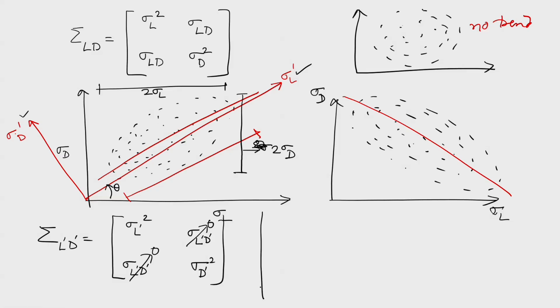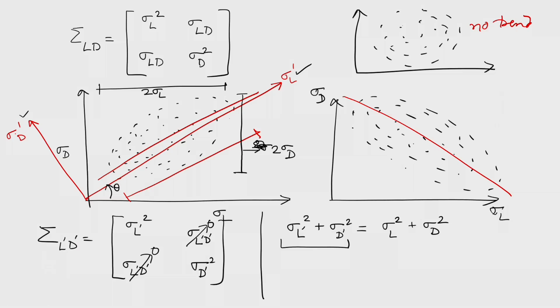If we do like that, first of all, variances are preserved. What is the meaning here? If I add sigma L dash square and sigma D dash square, it is equal to sigma L square plus sigma D square. That means I have rotated the axis by theta in such a way that the variances remain, but covariances become 0.